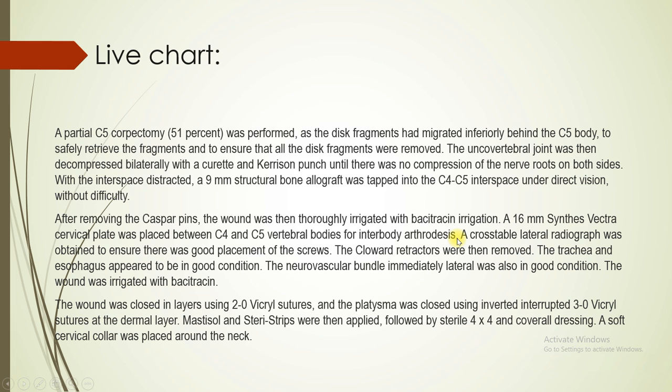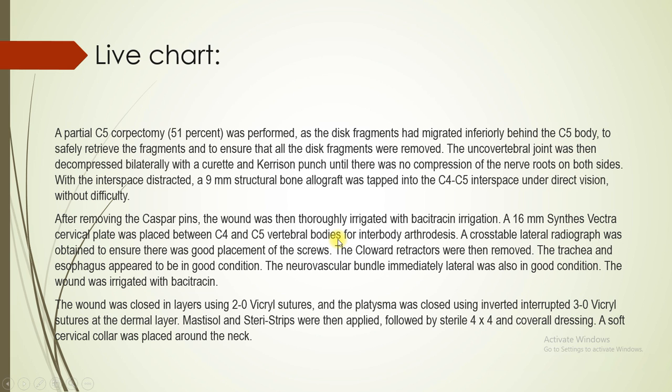Okay. So first step, the physician has removed the disc material, or discectomy. Okay. So after performing the discectomy, the physician has applied the bone allograft. Okay, this is the second stage. In the third stage, the physician has applied the cervical plate on the vertebral bodies.